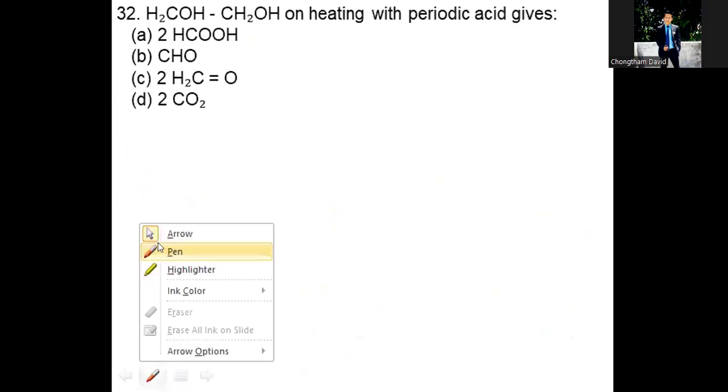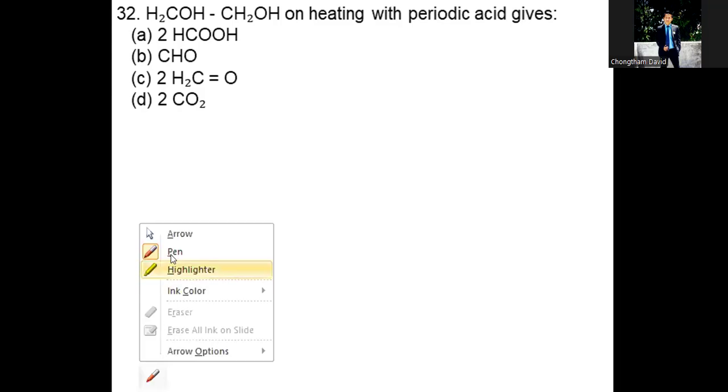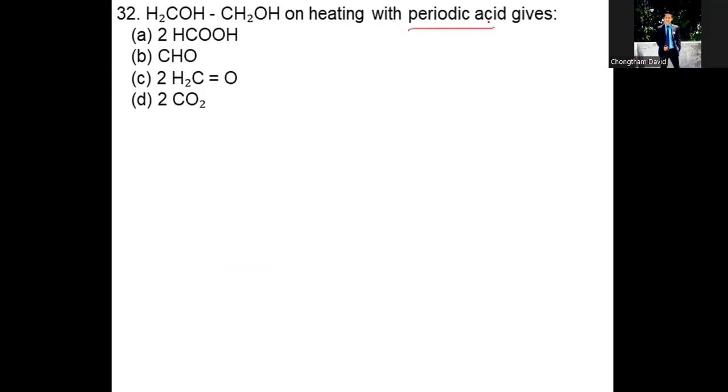31, read the question. This is a diol, okay? Ethylene, ethane-1,2-diol on heating with, this is not periodic, it is read as per iodic. We have just drawn the reaction, periodic acid, HIO4.